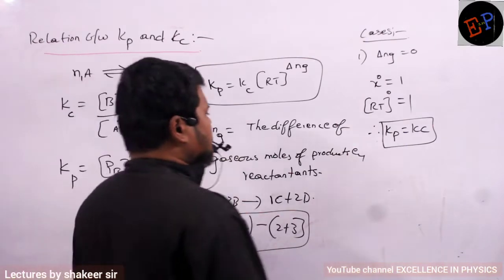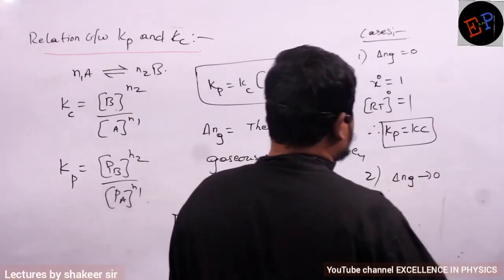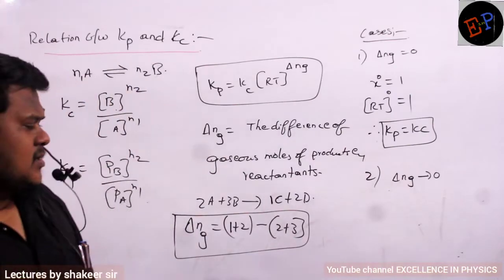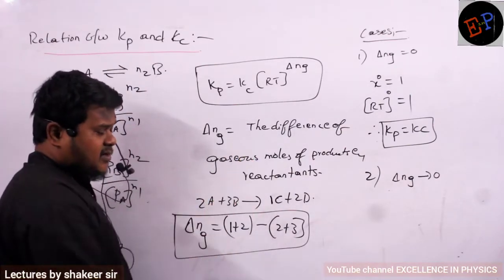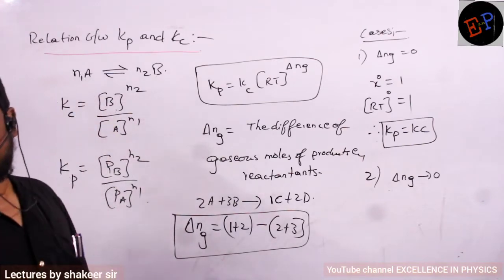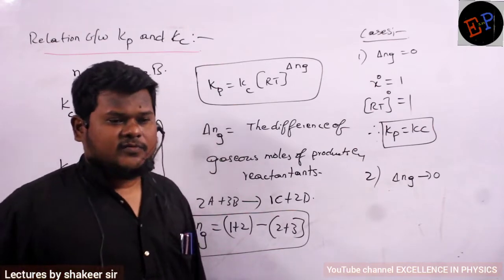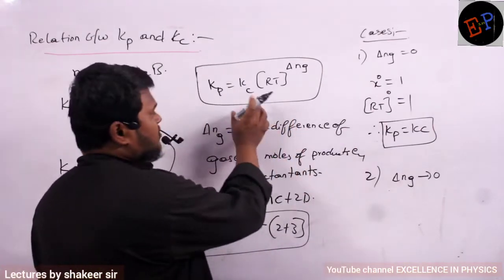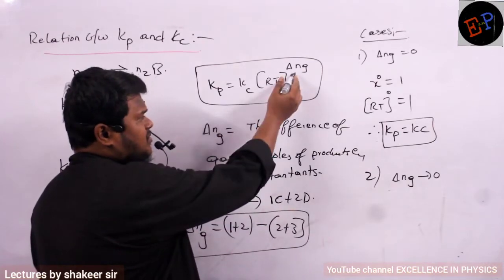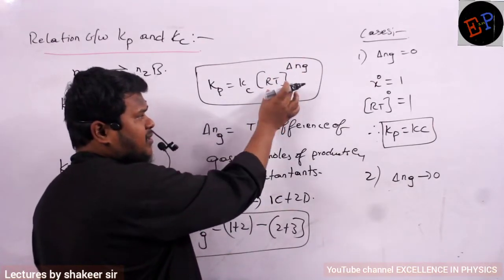Case number 2 is delta Ng greater than 0. It means the number of moles of products is greater than the number of moles of reactants. Then it is multiplied by RT, and the RT value will also be greater than 1.